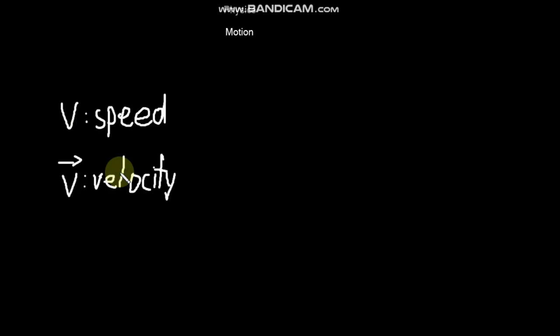We can describe motion in speed. So one of them is speed and the other one is velocity. Both of them have the letter V, but the difference is that speed doesn't have an arrow over the letter V, but velocity has one. So let me tell you why.